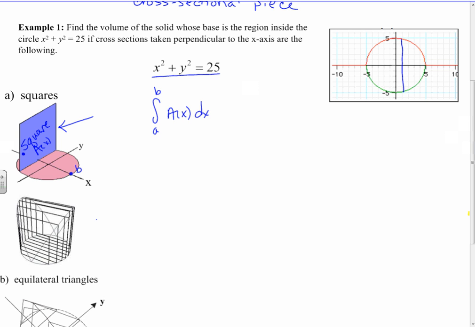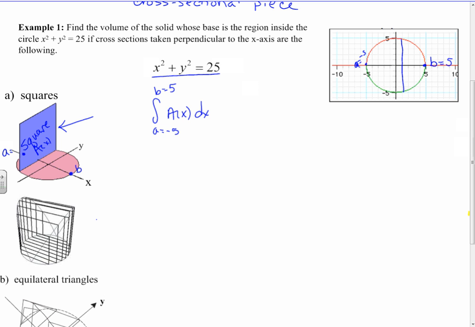Little a sits in the back side, and since it's a circle, this correlates to my little a, and this here is my b for the circular base that we're going to set our squares perpendicular to. So we can see here that little a is equal to -5 and little b is equal to 5. So when I integrate, I'm going to be integrating from -5 to 5 on this one.